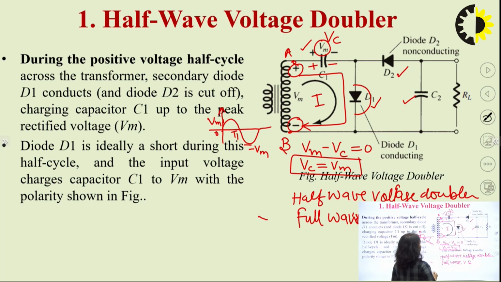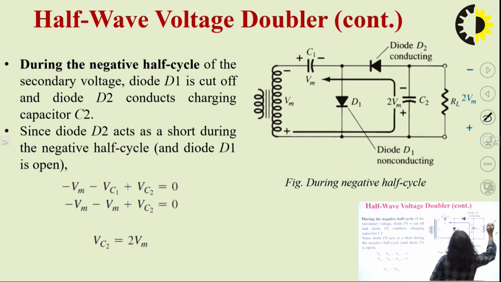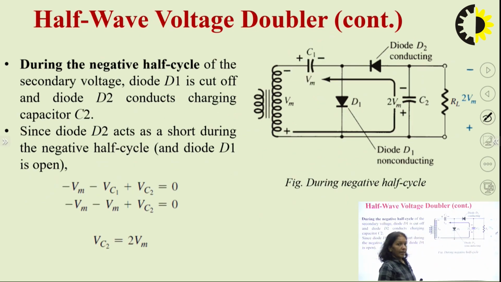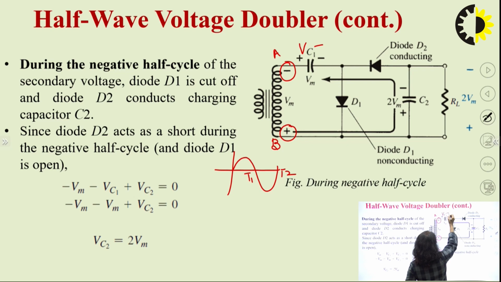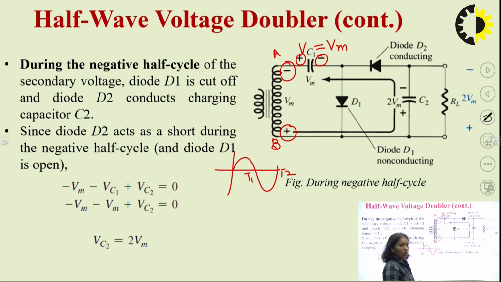Now, during the negative half cycle, that is T1 to T2 time period, terminal A will be at negative potential and B will be at positive potential, and capacitor Vc1 is charged up to the value Vm with the polarity marked plus and minus across the plate.